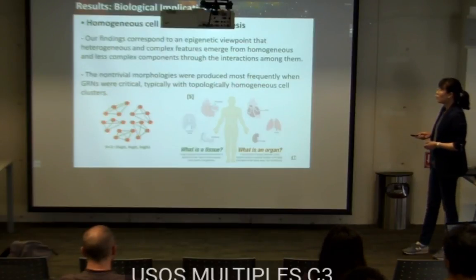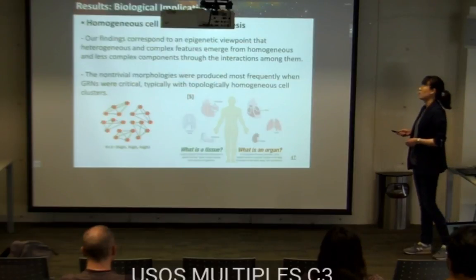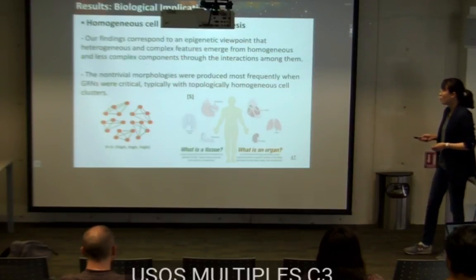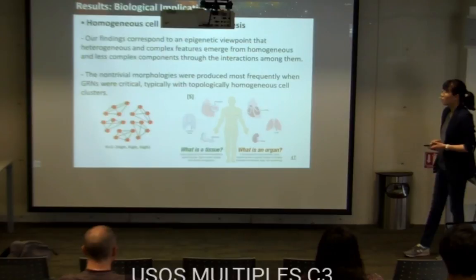So our findings not only support the epigenetic theory, but also imply that highly structured tissues and organs might stem from the criticality of gene regulatory networks.